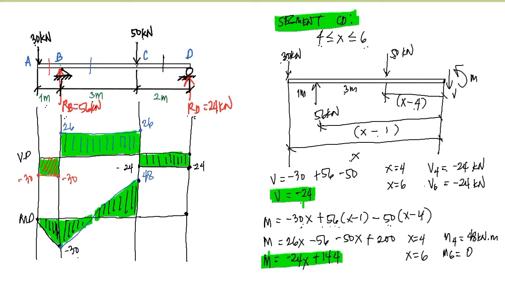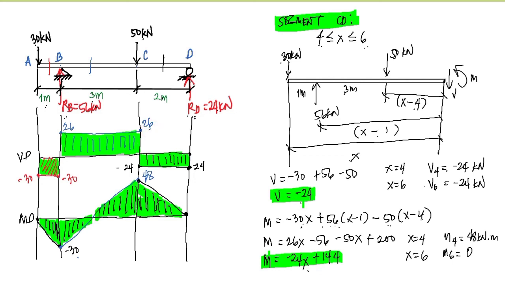Okay, so for the moment equation, we have here the equation of the line. So we just connect this 48 to 0 by a straight line, and this is our moment diagram. So the possible questions that will be asked of us are these. What is the value of the maximum positive shear? So the answer is 26.